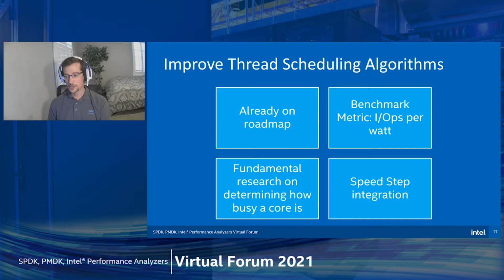And then another thing we can do is integrate with a feature called Speed Step, which is on some of the newer Intel platforms where user space code can control the CPU governor.